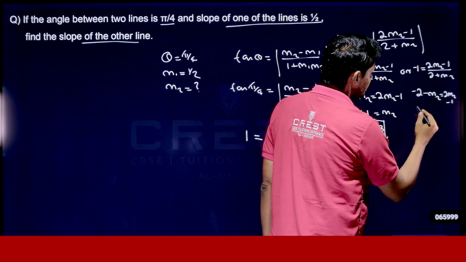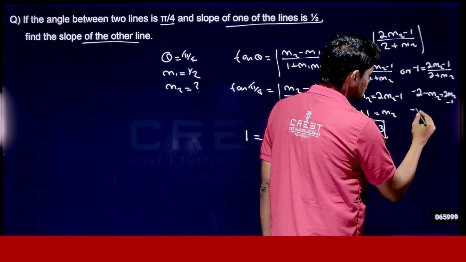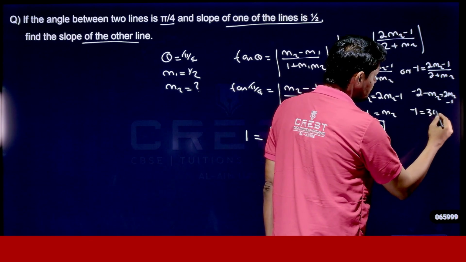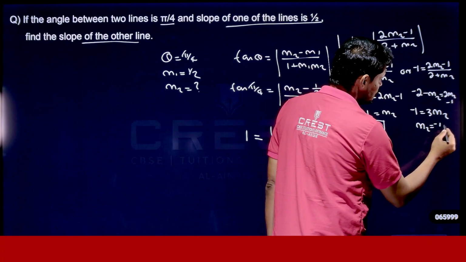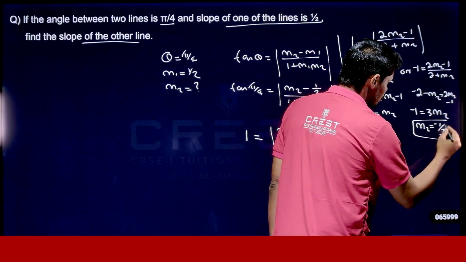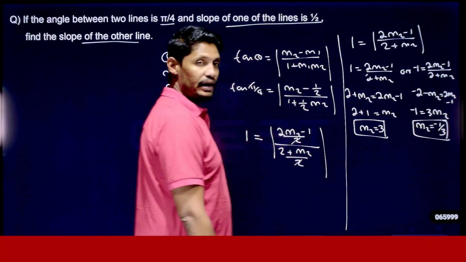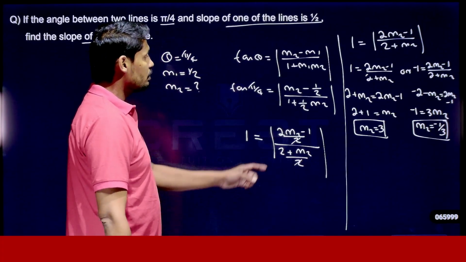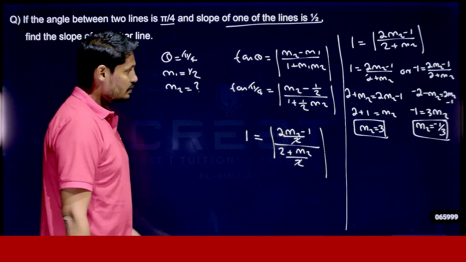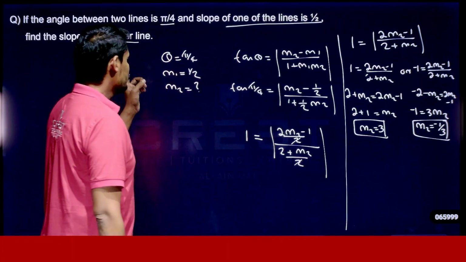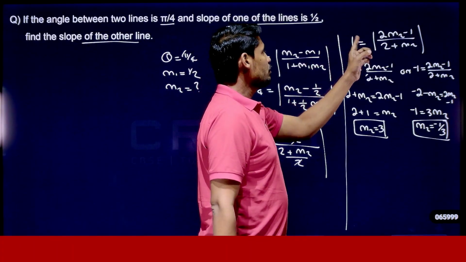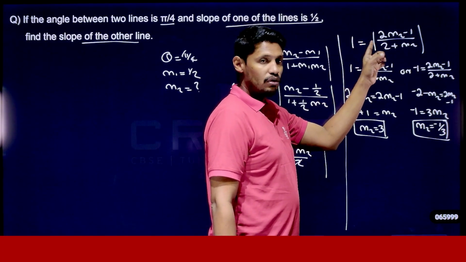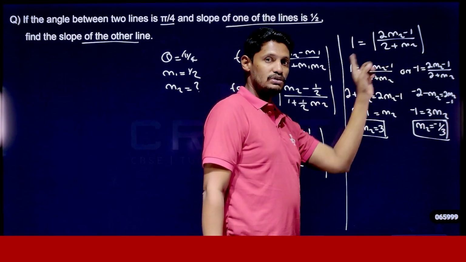From here, minus 2 plus 1 equals 3m2, so m2 is equal to minus 1 by 3. So the second slope will be either 3 or minus 1 by 3. There are two cases, because when avoiding the modulus, we can have one positive value and one negative value.